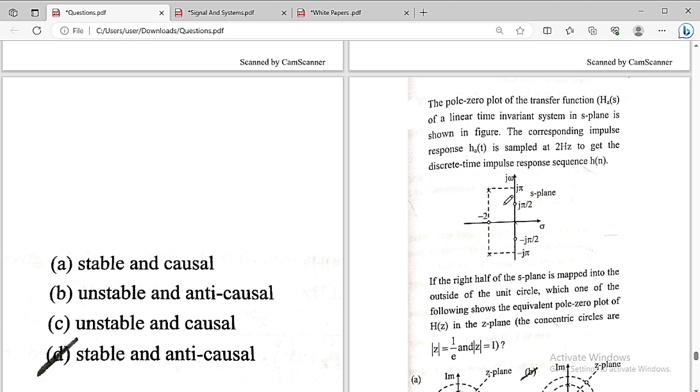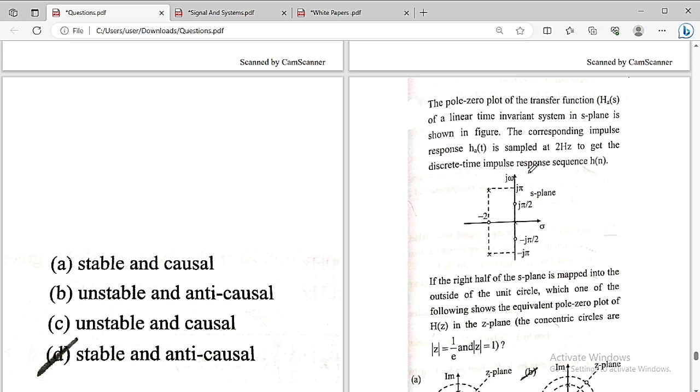The poles are minus 2 plus j5, minus 2 minus j5, and 0. So we have 3 poles and 3 zeros in the S plane.